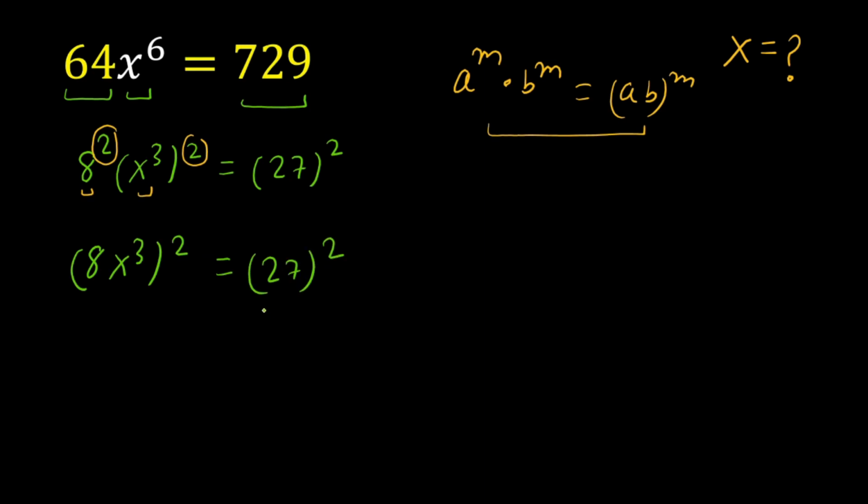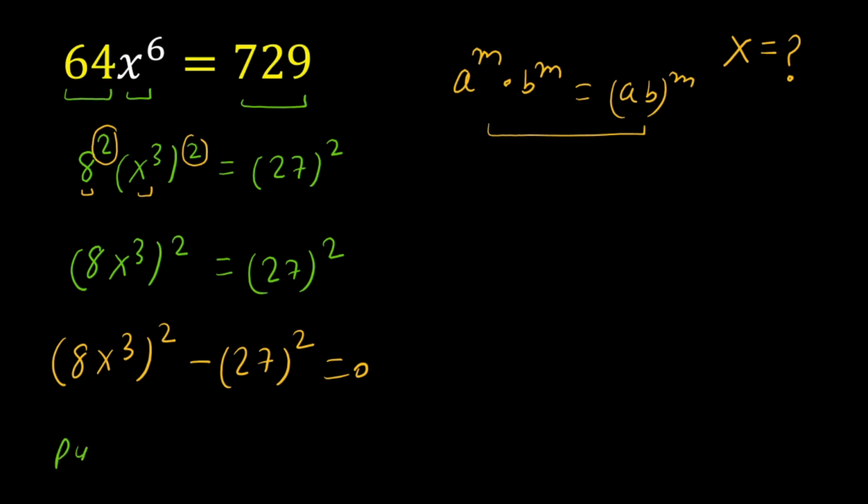Now if we take 27 power 2 to the left hand side, then (8 times x power 3) bracket power 2 minus 27 bracket power 2 equals 0.